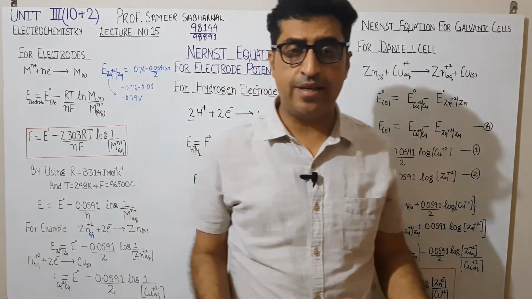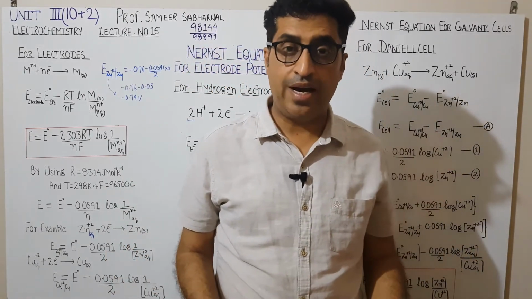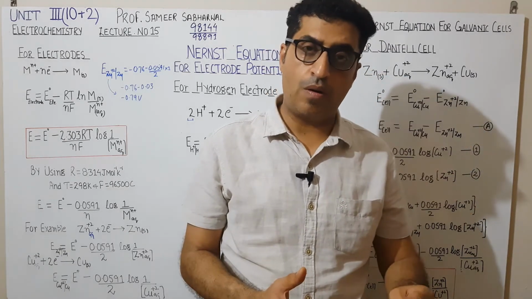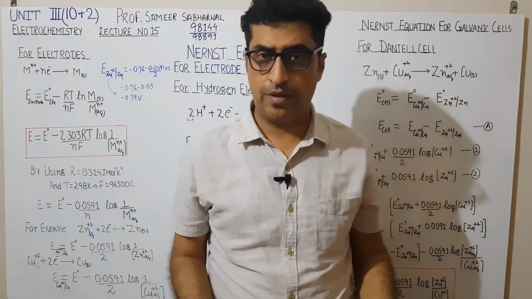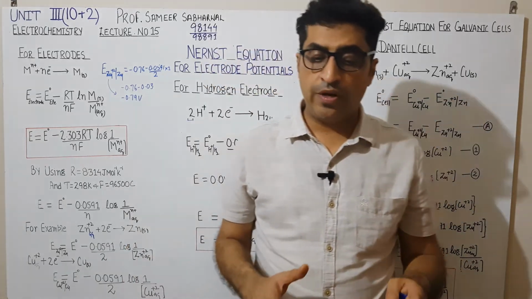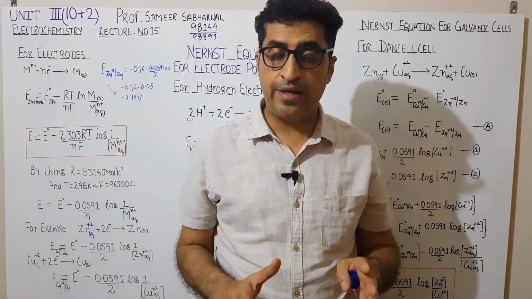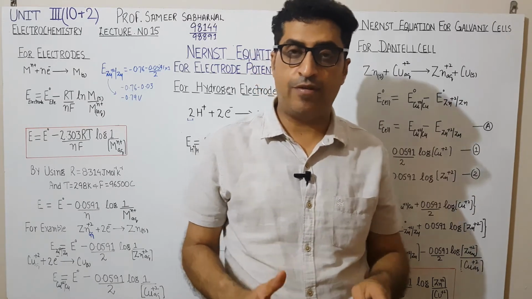In Daniell cell, what we have? We have zinc rod dipped in zinc sulfate solution and copper rod dipped in copper sulfate solution. Okay? So if we take concentration to be 1 molar, then you get EMF, that is standard EMF of the cell.